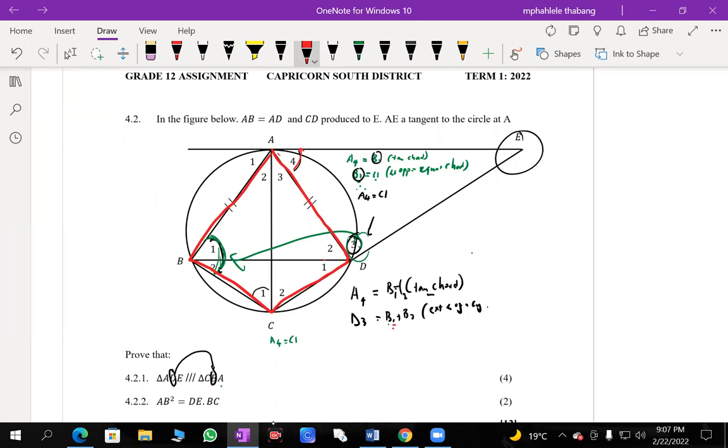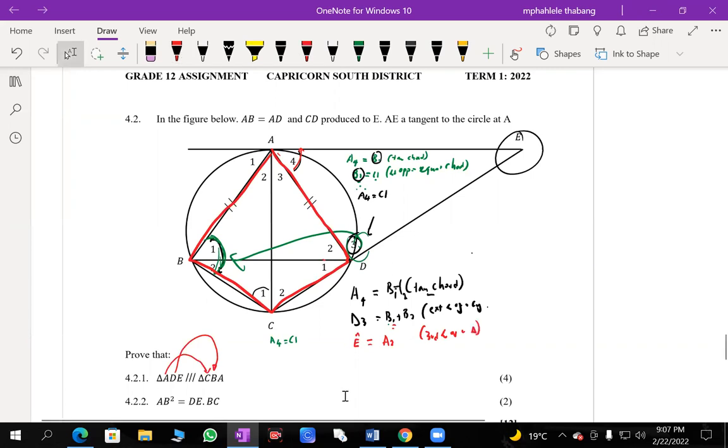Once we have proven that two angles are equal, there is no need to go further. You proved that A equals C, and that D equals B. You just conclude that the third angle, E, is equal to the other angle, A2, as the third angle of a triangle.